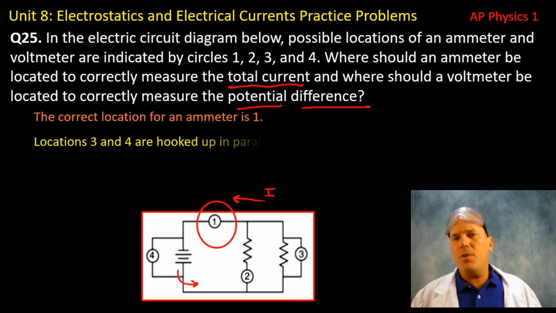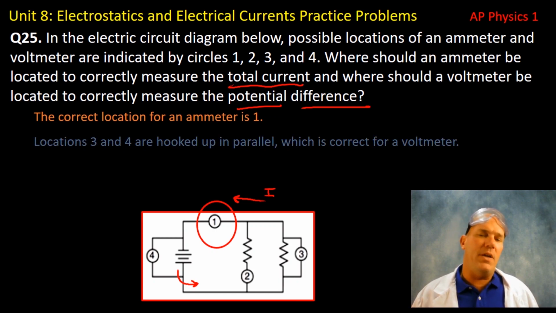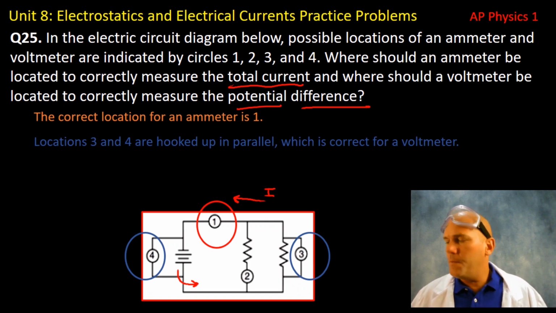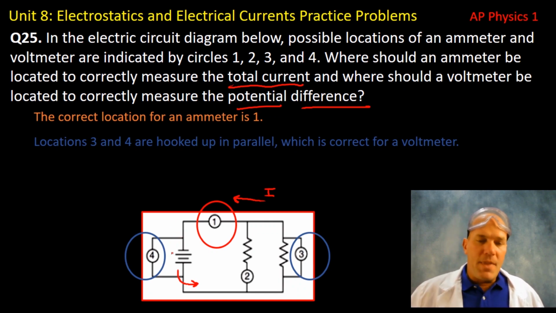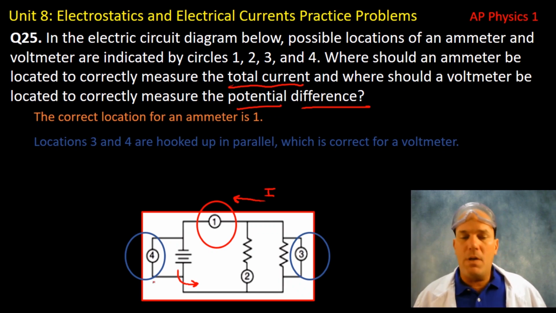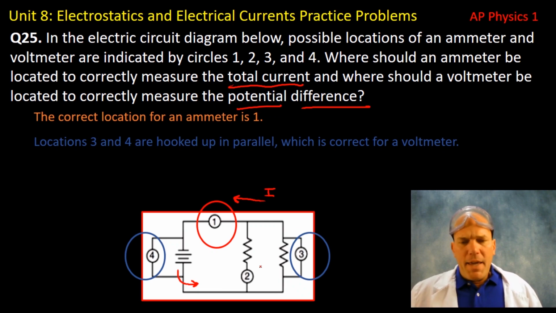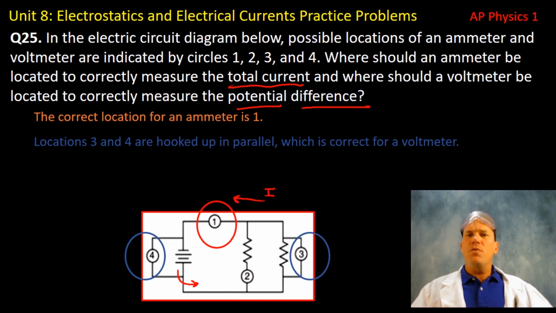Now let's look at locations 3 and 4 for measuring the potential difference. Location 4, we're going across the battery. That will give you the total potential difference or voltage. And you know that in a parallel combination, the voltage drops across that combination are the same. Okay?